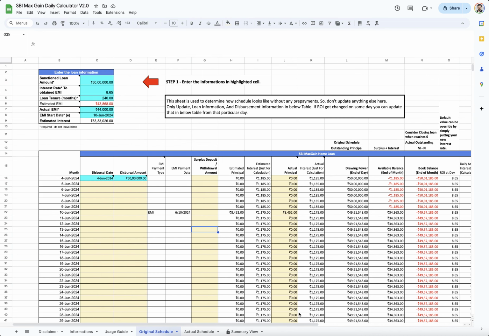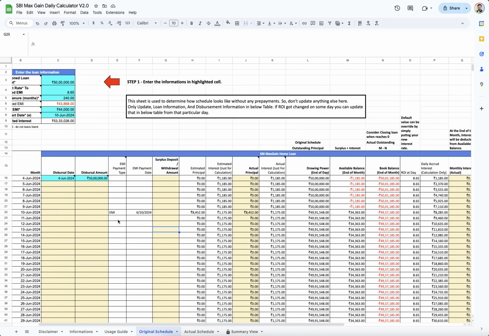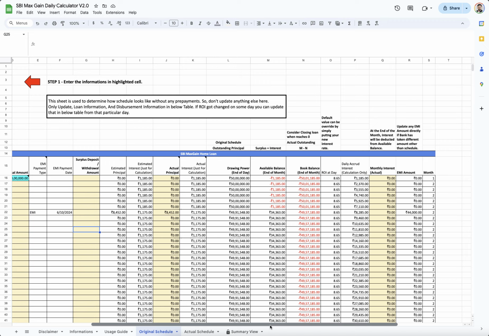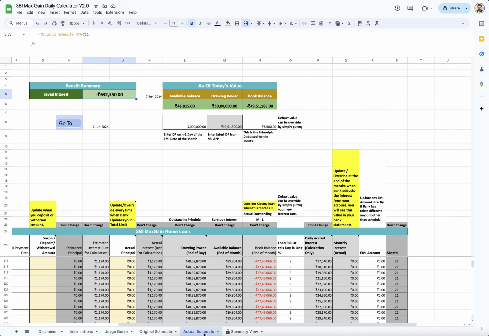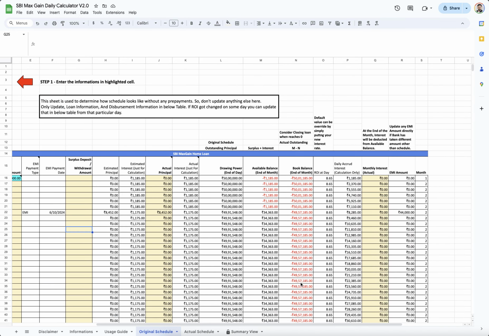In the original schedule, you're expected to update the disbursements and some key parameters which the bank is controlling. Those are the parameters that you can update here, so that way you can see the difference.